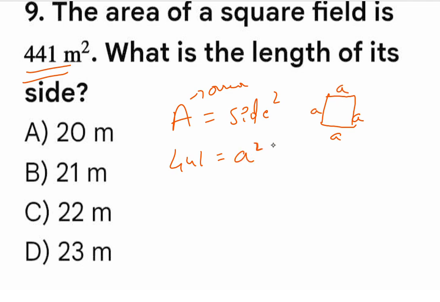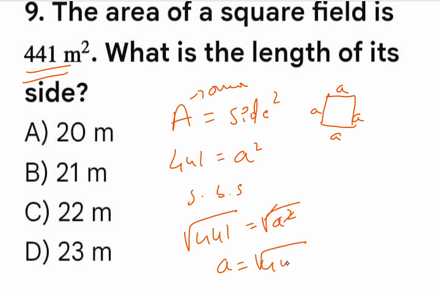So take A square and apply the square root on both sides. The square root of 441 is equal to the square root of A square. So the square and square root get cancelled. A is equal to the square root of 441. If you factorize this number, you will get 21 into 21. If you take 20 into 20, you get 0 at the end, but here 1 is there.